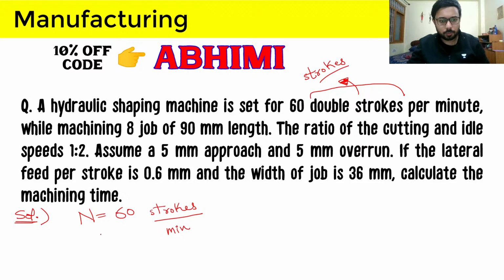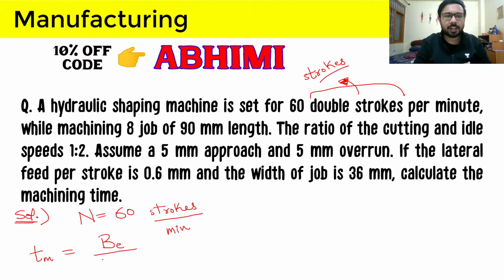And we first of all have to find out the machining time. For machining time, we will first calculate the effective width, because in shaping and planing, we take the numerator as width to calculate machining time, not length, because we have to divide the length along which the feed direction is.